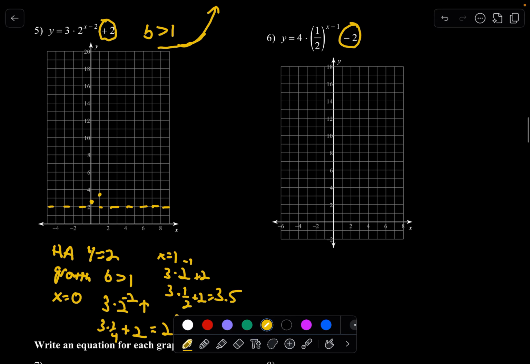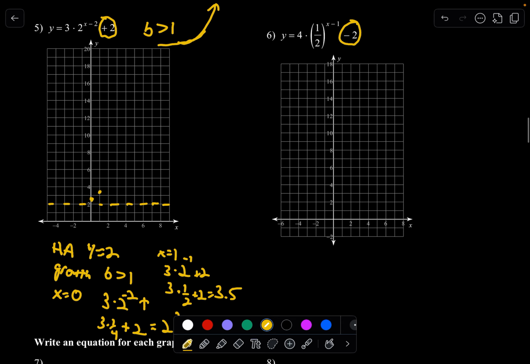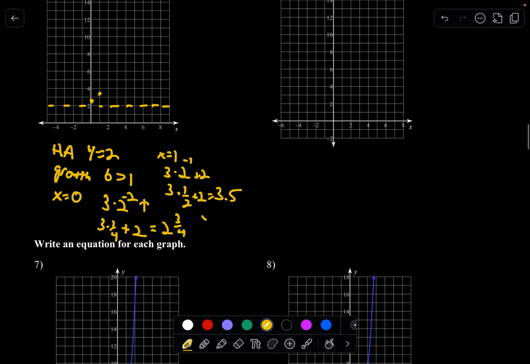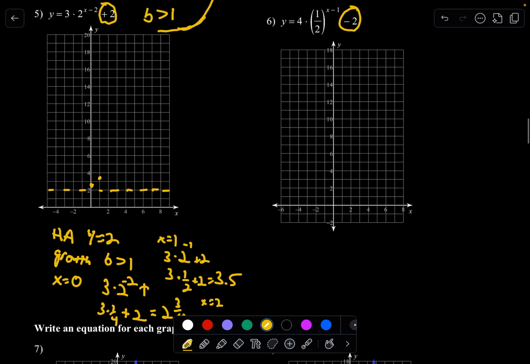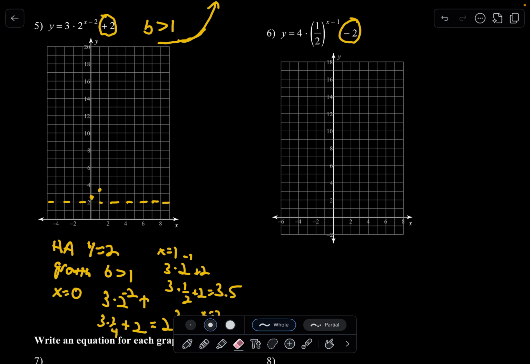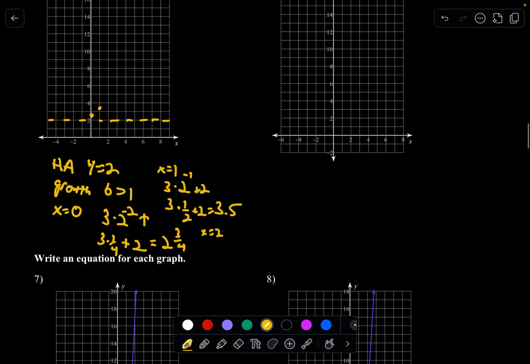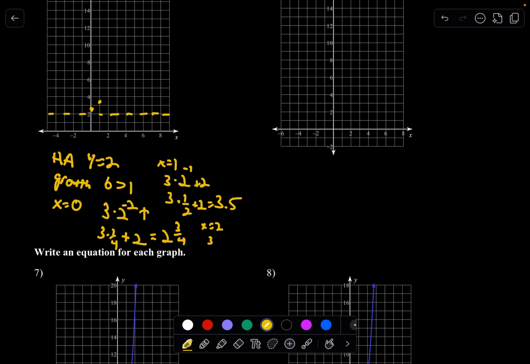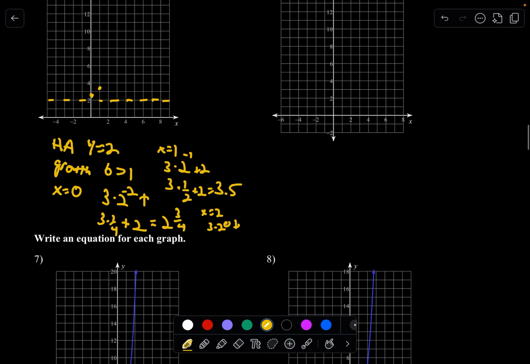When x equals 2, notice when x equals 2, we get 3 times 2 to the 0, plus 2. That equals 5. So when x is 2, we're at 5. And now you get a gist of how this graph looks. Now it looks something like that.